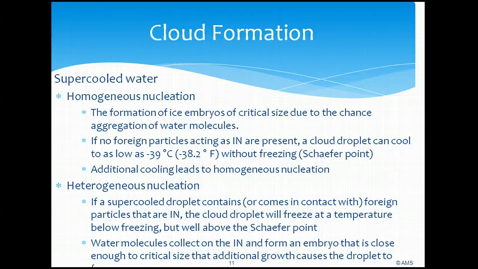The foreign particle forms what is known as the ice embryo. The growth of the embryo causes the droplet to freeze, and this process is referred to as heterogeneous nucleation.